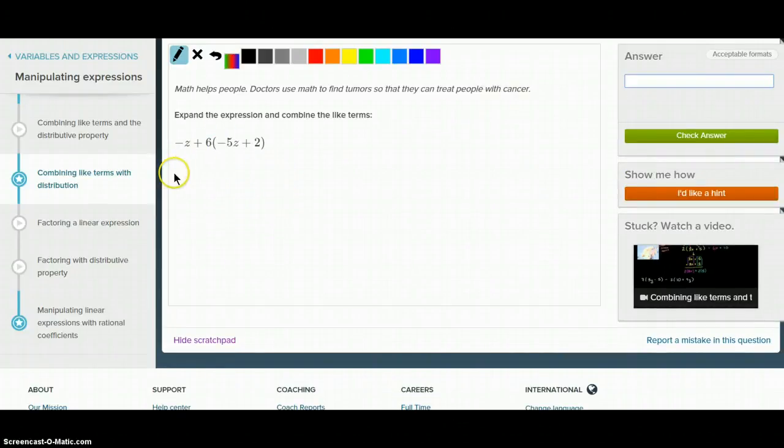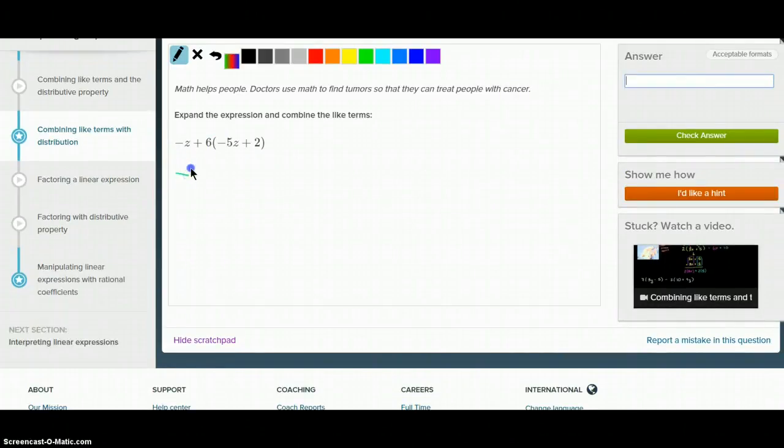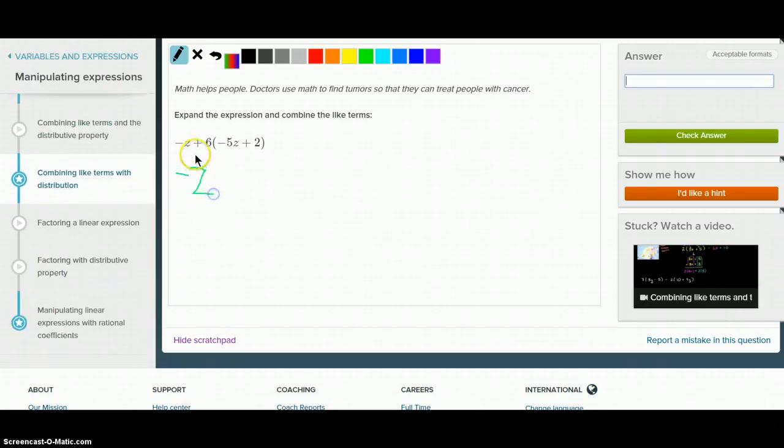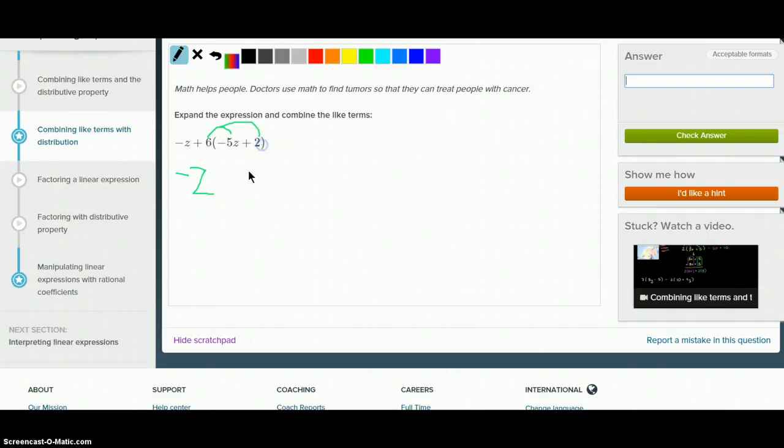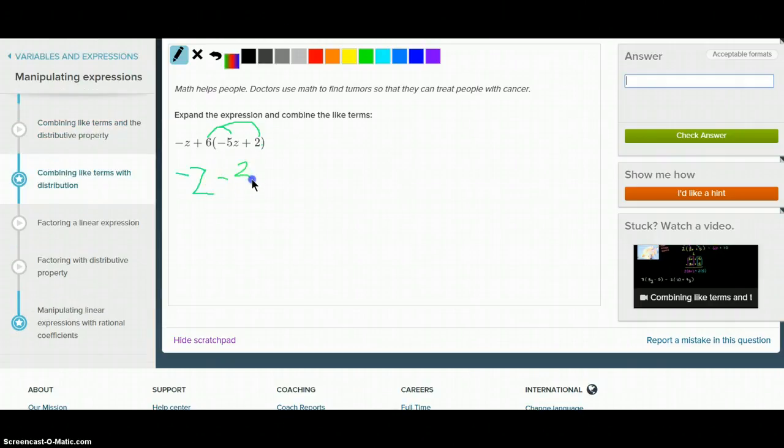Alright, a similar thing over here, we have negative z, and that doesn't get distributed anywhere because that's all by itself. There's nothing multiplied to it. And then we have this positive 6, that's going to get distributed between negative 5z and 2. And so we have 6 times negative 5z, and that's going to be negative 30z.